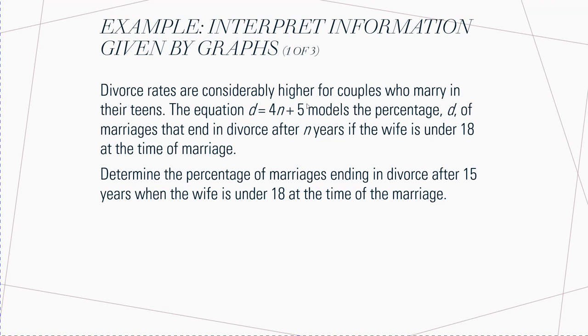So let's determine the percentage of marriages ending in divorce after 15 years when the wife, or just one of the partners. It doesn't even have to be the wife here, it can be a partner. So I'll change that: when one partner is under 18 at the time of marriage.